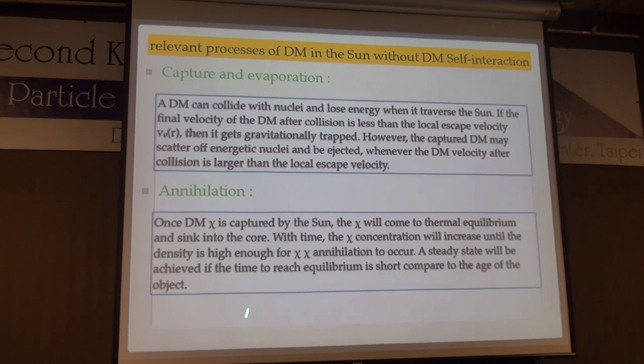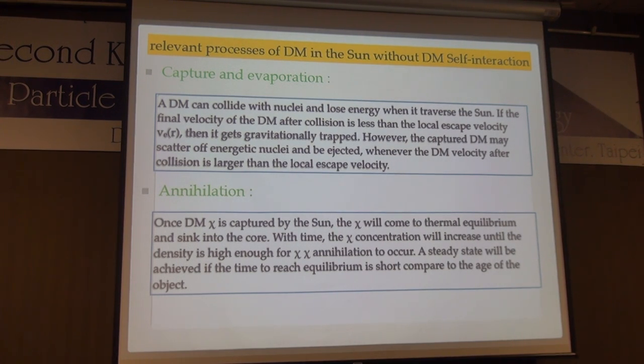There are basically three mechanisms for the dark matter density inside the sun. First is the capture. I already explained: dark matter coming in collides with the nuclei of the sun, then it can be slowed down, and with velocity less than the escape velocity, it is captured. The second one is called evaporation.